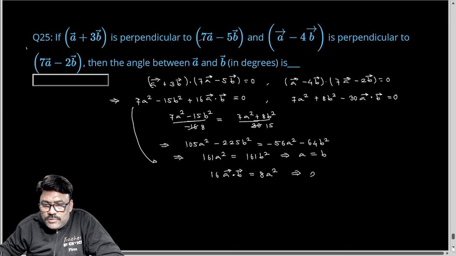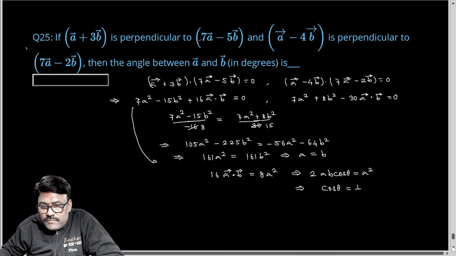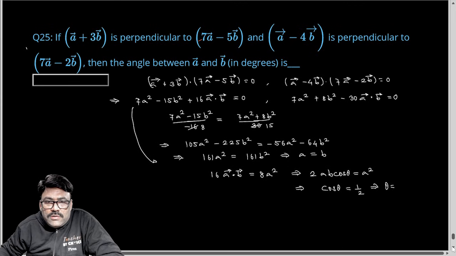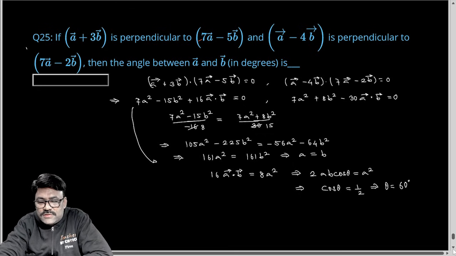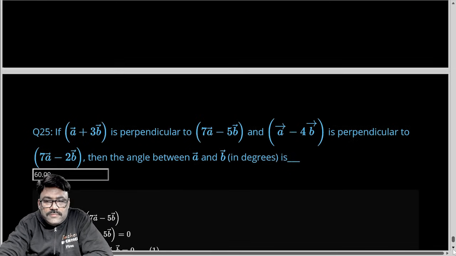Now cancel 8. a dot b can be written as ab cos theta, and it is a square. a and b are the same, so this gives you cos theta equal to half. So theta will be 60 degrees. Hence the angle is 60, so 60 is the correct answer here, right?